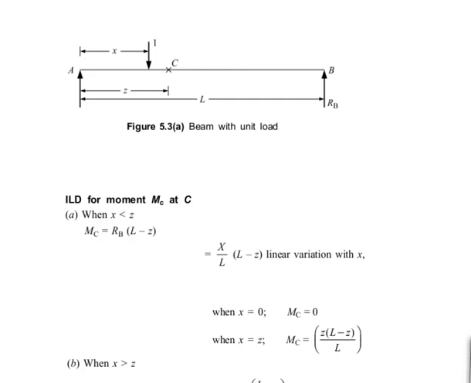And when x is equal to z, substitute the value z for x. So the moment at C is z by L into L minus z, or z into L minus z by L.